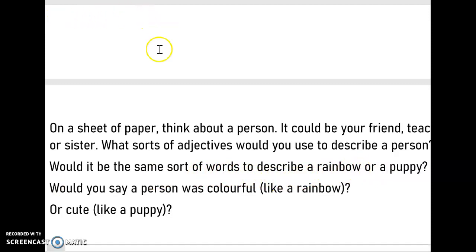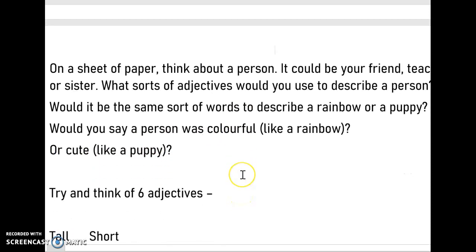Would you say a person was colourful, like we said a rainbow was colourful? Or a person was cute, like we said a puppy was cute? I would say I can describe someone I know that I think is cute. Colourful, I'm not so sure.